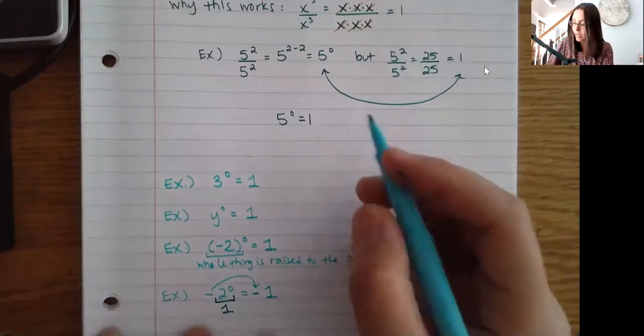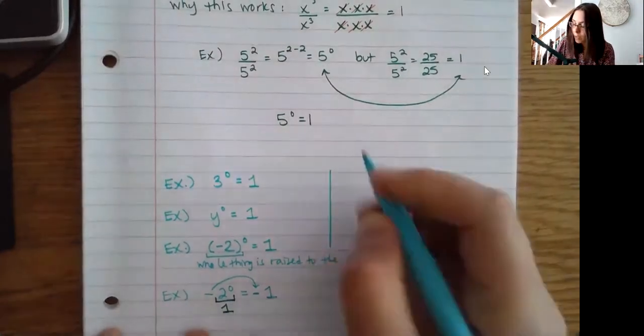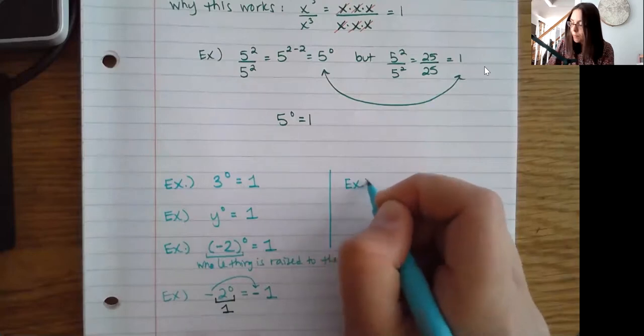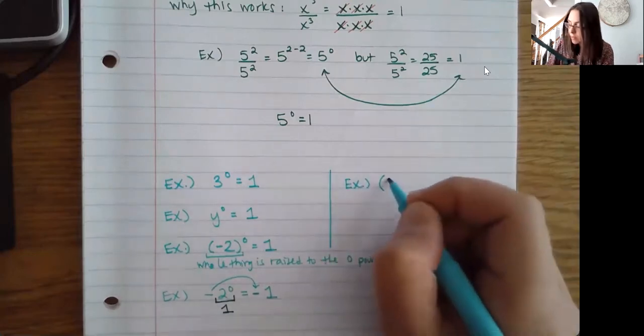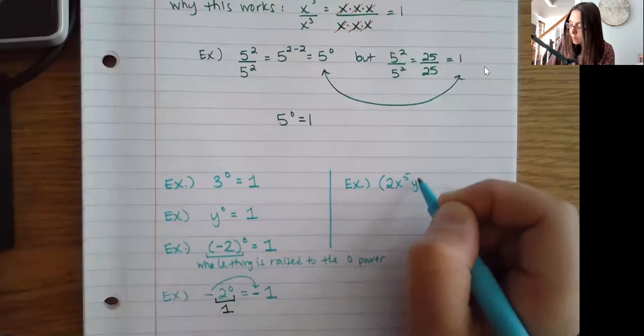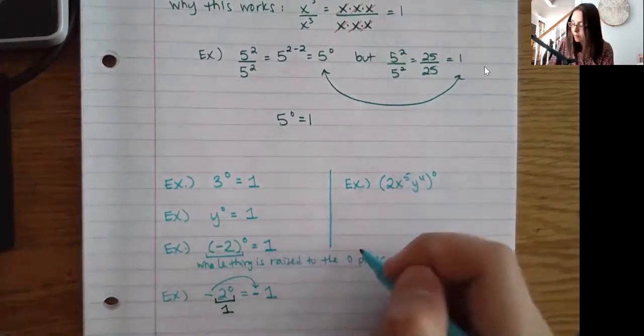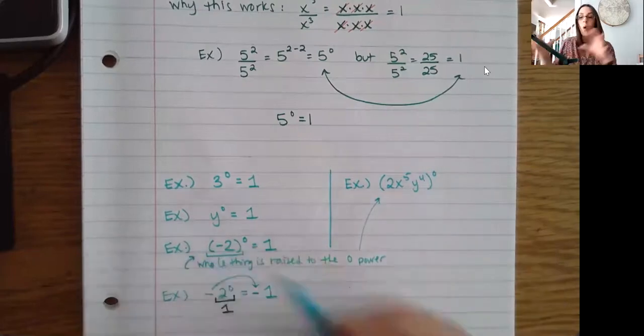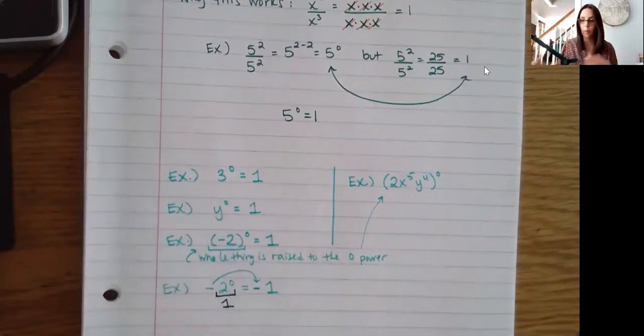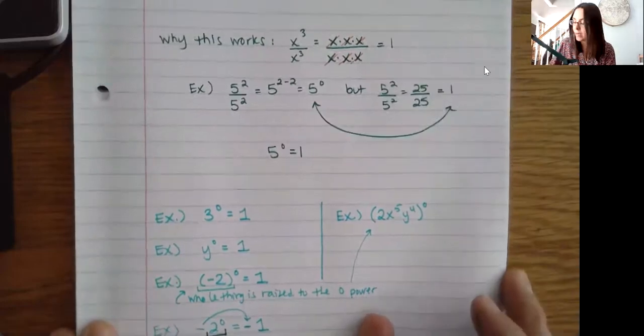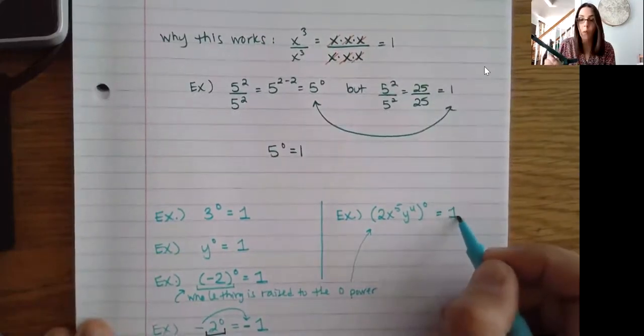So anything to the 0 power is 1, but we have to be careful in more complicated problems because maybe not everything is actually going to the 0 power. So let's do another example. Let's say I have parentheses around something like this. Again, everything is to the 0 power. The whole thing is parentheses. So the whole thing is going to the 0 power. It doesn't matter how complicated it is. It's still just 1.